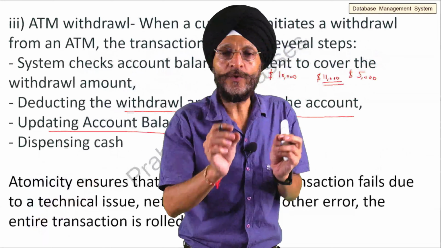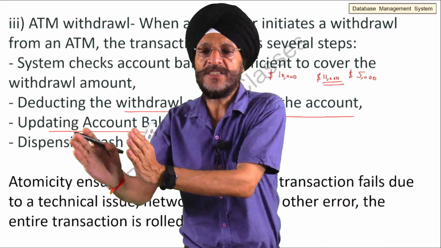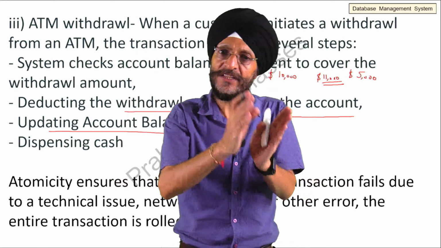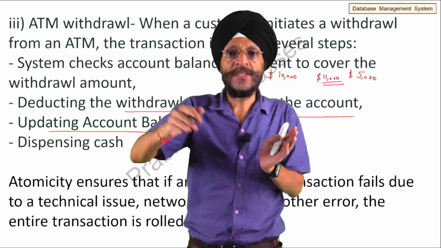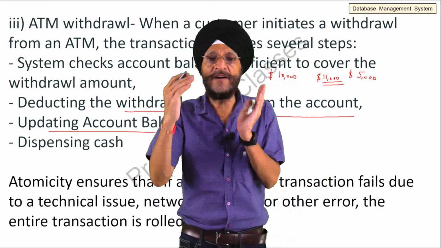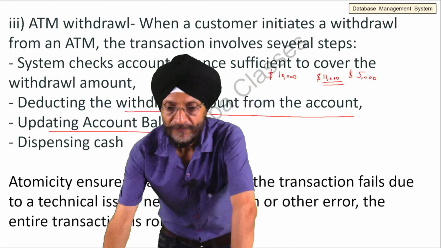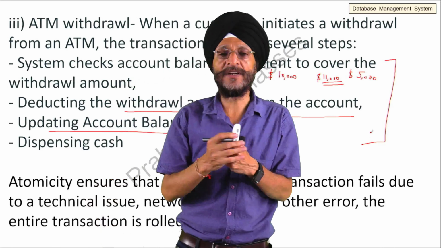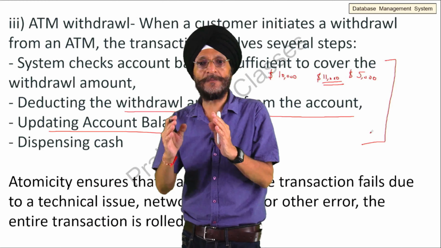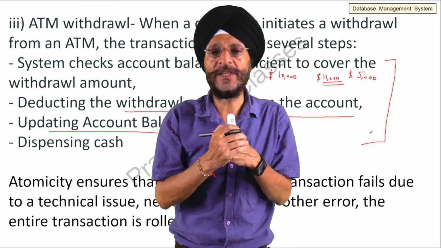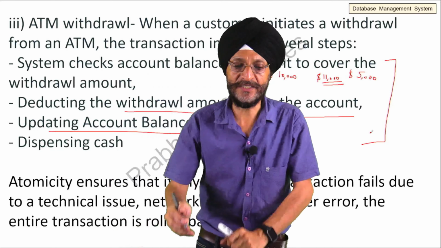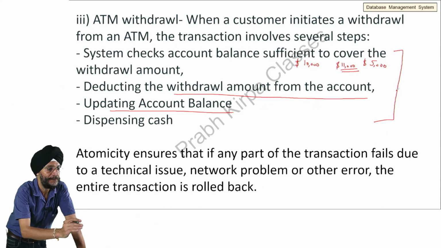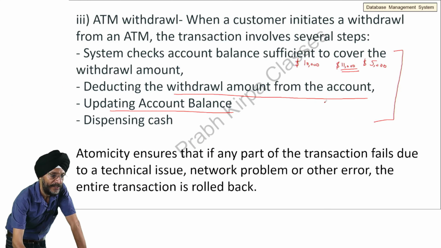That is, when you say that you want to withdraw this much amount from your account, the ATM machine will first deduct the amount, update the balance in its record, and after that dispense cash. If at any of these steps there is a system crash, power failure, or internet failure, the atomicity property of the DBMS will ensure that all the operations which have been performed in this transaction are reverted back.